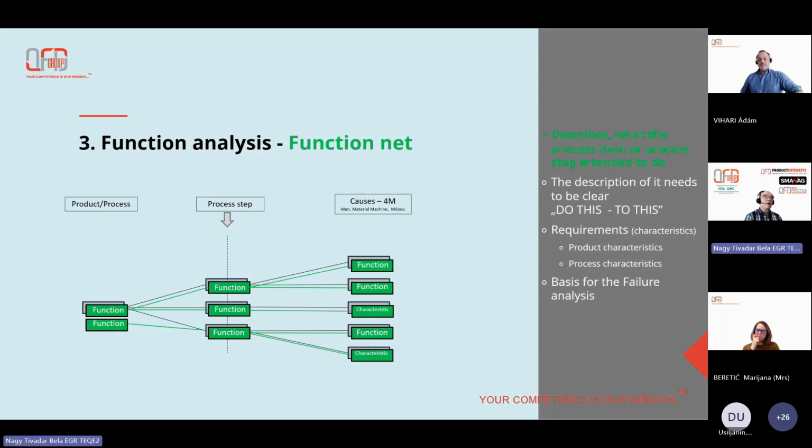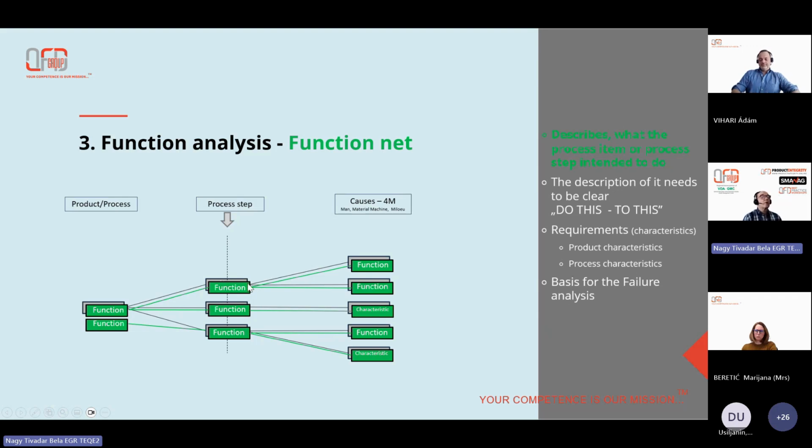The third step is function analysis. As you can see, we use a 3-level structure again, with the structure levels under the function. During this function analysis, we define the function or characteristics for all structure elements. The focus is always here in the middle, and this function will be at this level for every structure element.